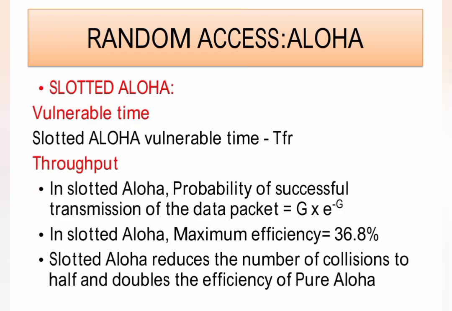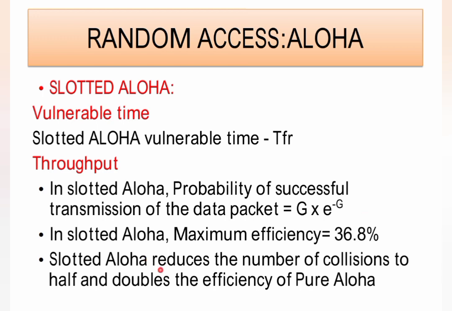Coming to the vulnerable time, the slotted ALOHA vulnerable time is the frame transmission time. For the throughput, in slotted ALOHA the probability of successful transmission of a data packet is G times e to the power minus G, where G is the average number of frames generated by the system during the frame transmission time.